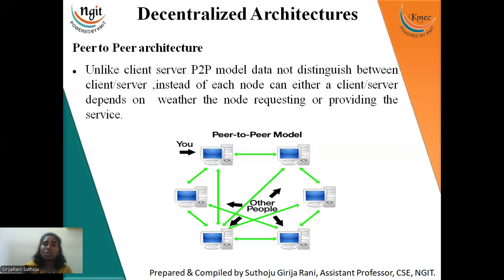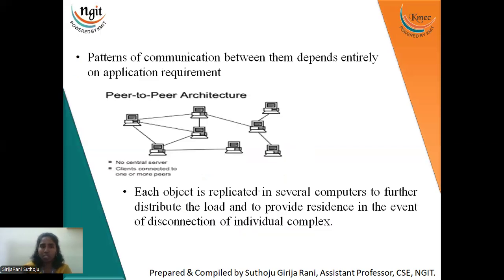So there is no master and slave combination. We can get the data from one node, and we can give the data to the other node, right? So this is a combination where we have peer-to-peer combination. There is no central system server at all, and all the clients can be called peers, and all the servers can be called peers, right?